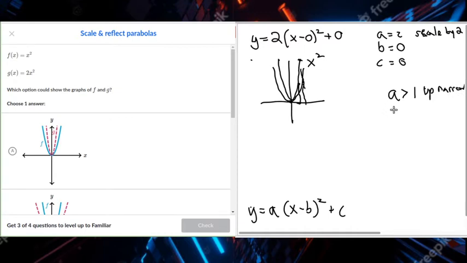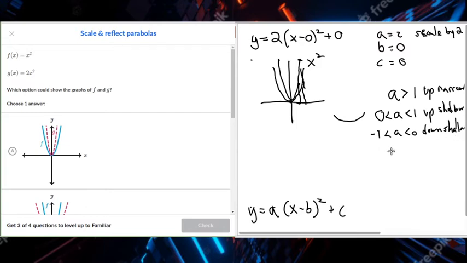Whenever we have an a that's between 0 and 1, it's going to be up, but it's going to be shallow, so it's going to open up. Everything's going to be multiplied by something that's going to be shallow. And if we have an a between -1 and 0, it's going to be down and shallow.